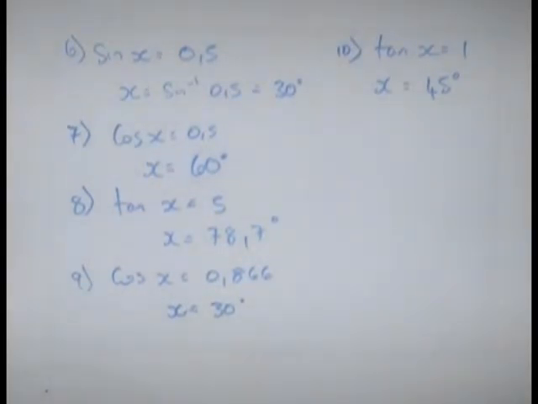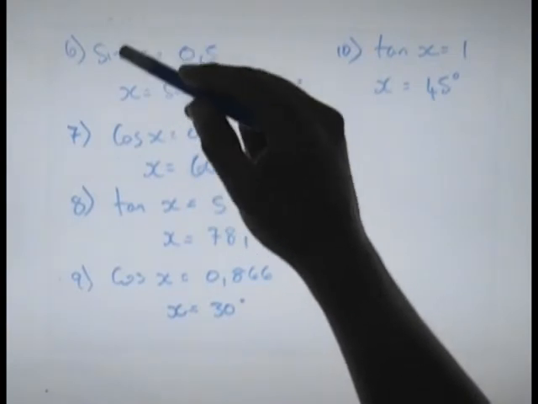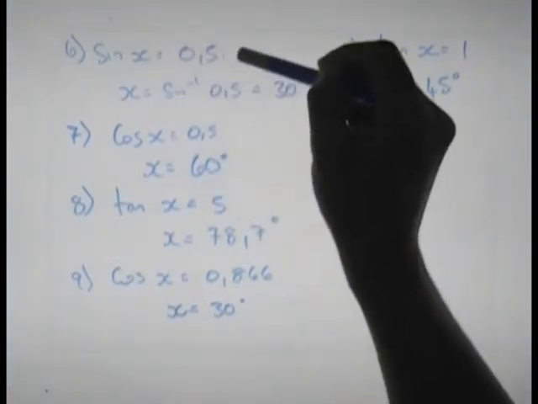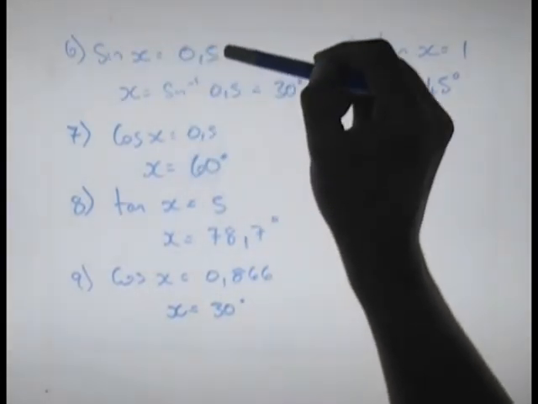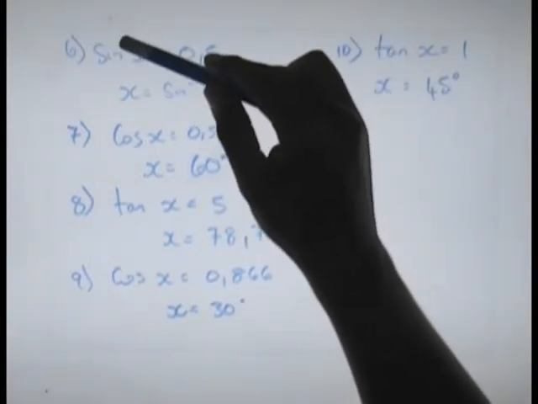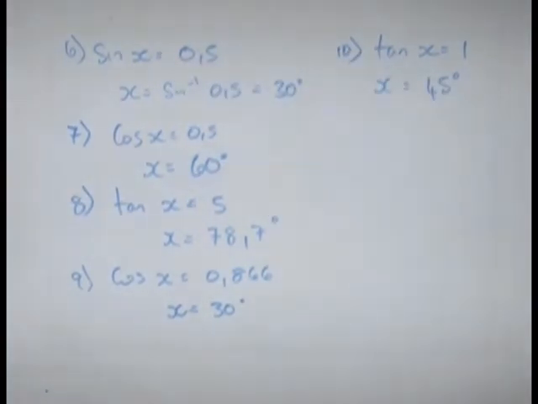In the first 5 examples, we were using this simple function sine of a number, which was the degrees, which gave us a result. In this case, we've got sine of an angle is equal to something, and we are trying to work out what that angle is. We simply use the second function sine. On your calculator, it's called second function. It's not really second function.